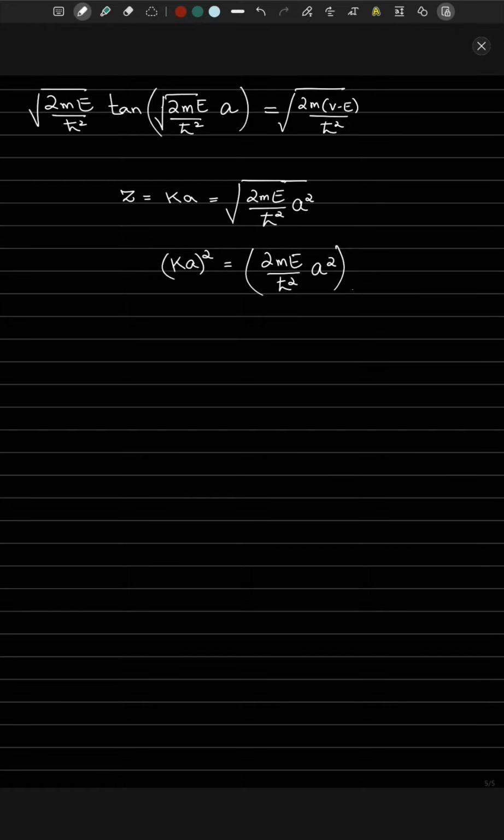Anyways, just as we did this for k times a, I'm going to do the same thing for q times a. So we know that q is the square root of 2m over h-bar squared times (V minus E).